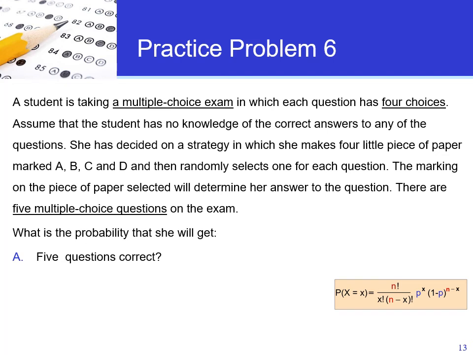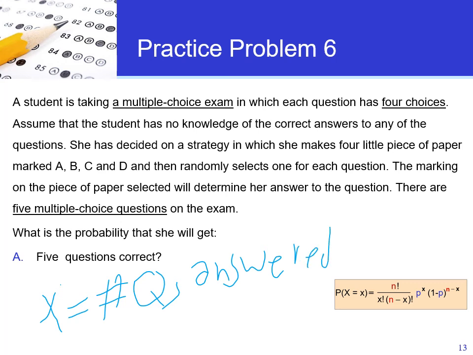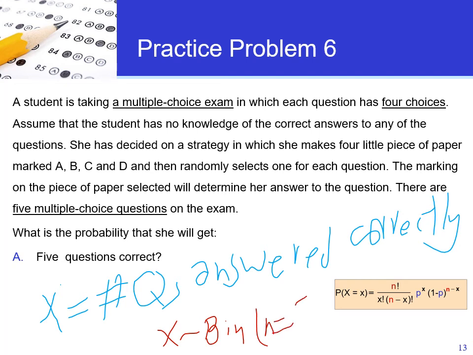So if we define x as the number of questions answered correctly, then X follows a binomial distribution with n equal to 5 because there are 5 questions in the exam. And what is the probability of success here?